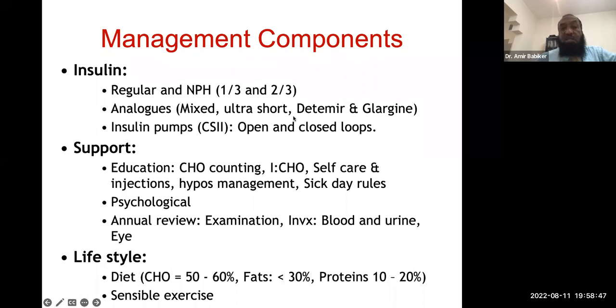Then the second company, after Novo Nordisk, is Eli Lilly, a producer of all the Humalog: Humalog 25, Humalog 50. So Humalog 50 means that 50% is rapid, ultra short, and 50% is intermediate like NPH, and Humalog 25 means 25% of it is rapid and 75% is intermediate like NPH.